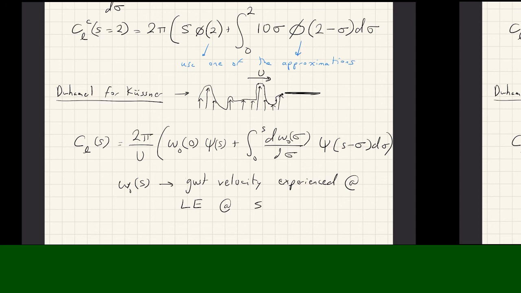And W0 of S is the gust velocity that is experienced if you were to sit on the leading edge, for any time S. So for instance, W0 of S equal to 2 is the gust velocity experienced by you if you're sitting on the leading edge at S equal to 2.